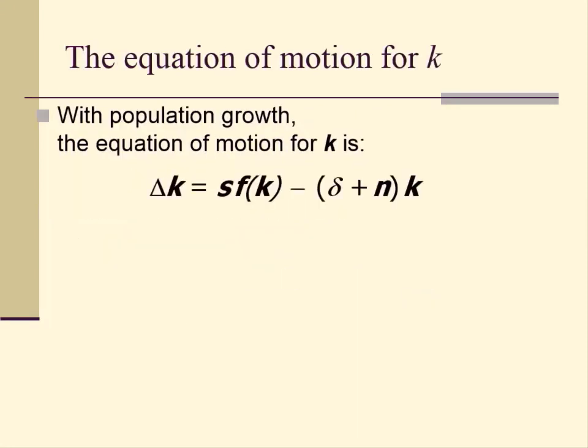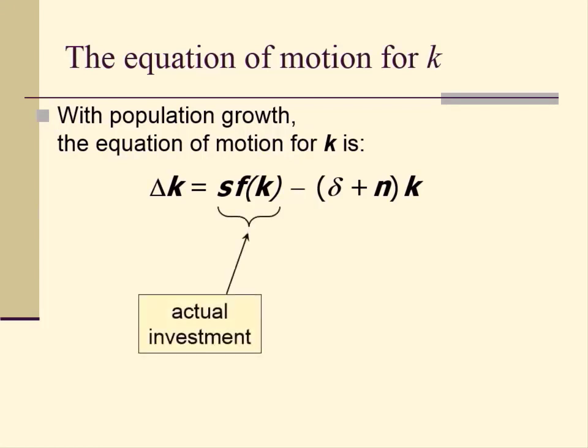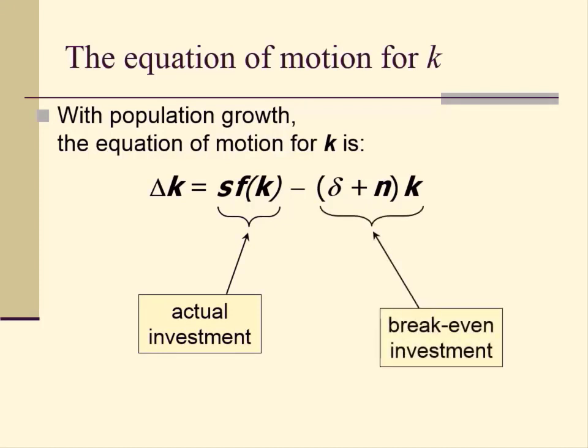So the equation of motion for k with population growth is that the change in capital stock per worker equals actual investment, that is s times f of k, minus (delta plus n) times k, the break-even investment. The steady-state capital stock is now defined by investment equal to break-even investment, that is s times f of k equals (delta plus n) times k.